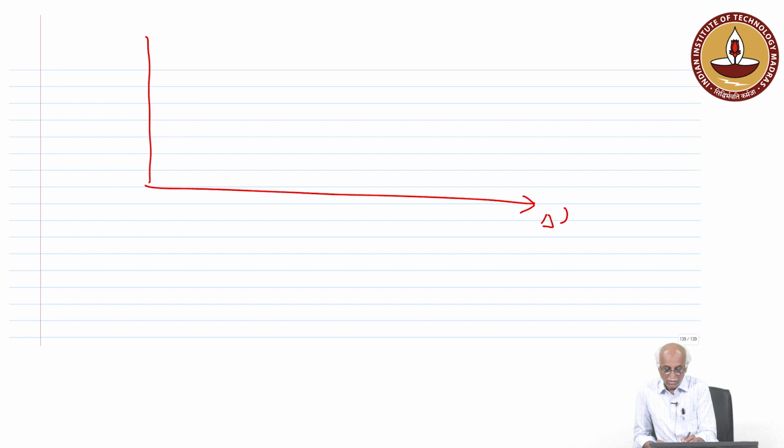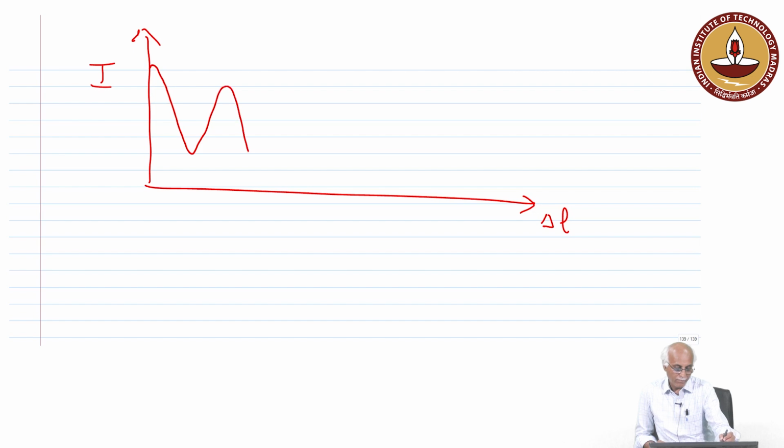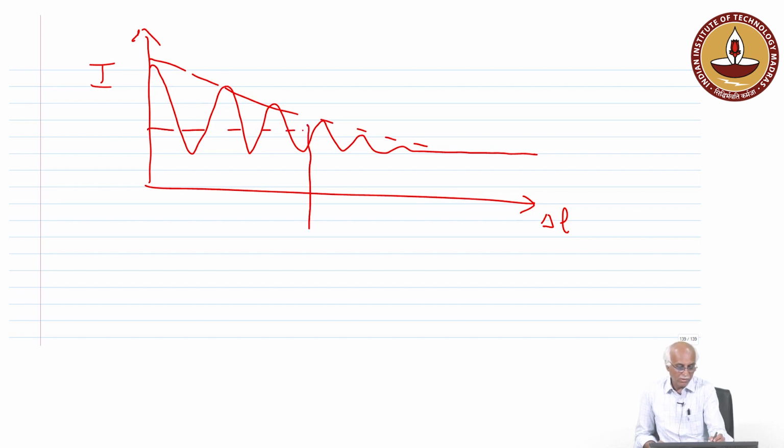Over here delta L, over here intensity. If you see this envelope, then at some point from here the intensity is 1 by E square.